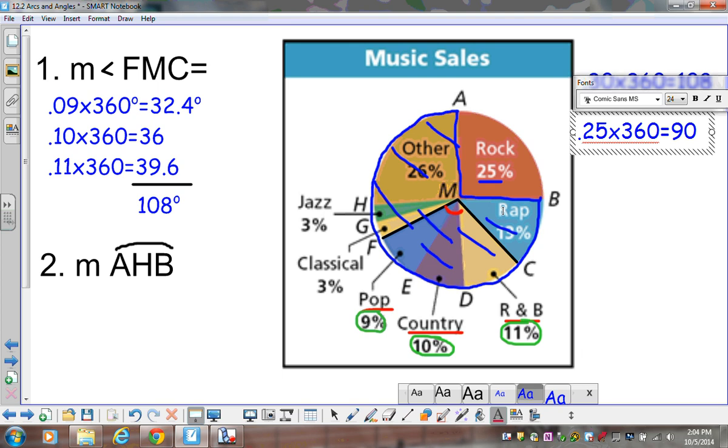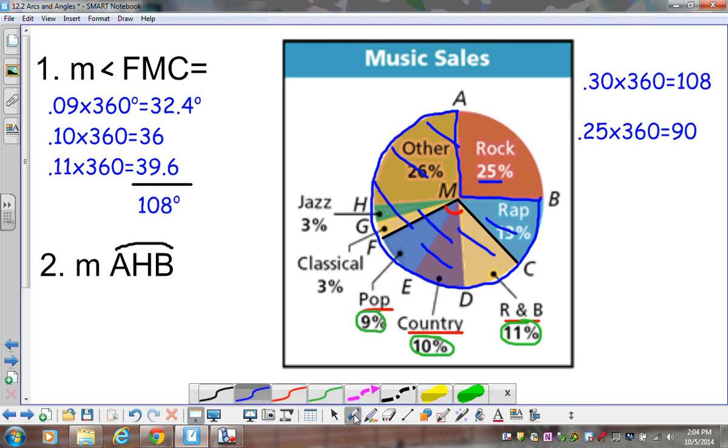So if I know that this particular arc, my rock and roll, represents 90 degrees, that means the remaining part of my circle graph should add up to 360 degrees. So I can take 360 and subtract off my 90, and that's going to give me 270 degrees.